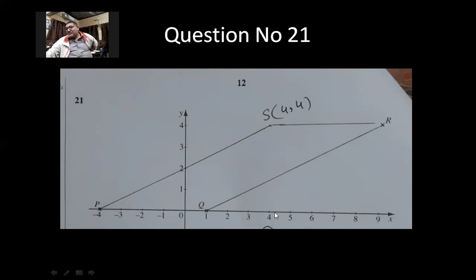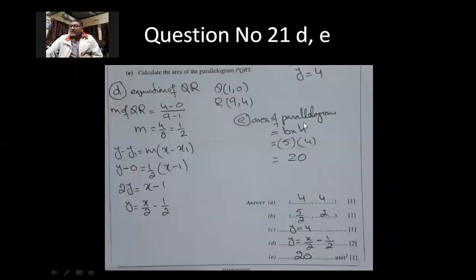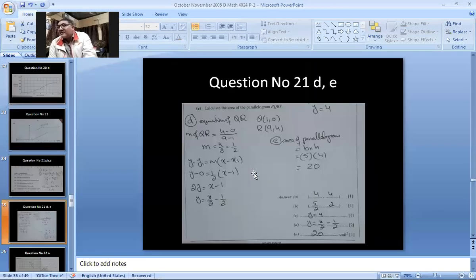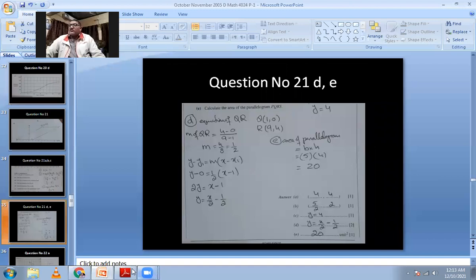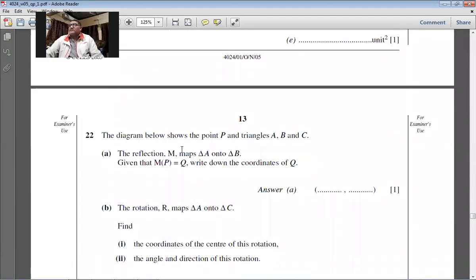The base is 5 and the height is how much? 4. So 5 into 4, and that will be 20. Let me show you. Area of the parallelogram will be base into height, that's 5 into 4, and that will be 20. So this was question number 21, and hopefully you understand this. Okay, so let's go to the next question.